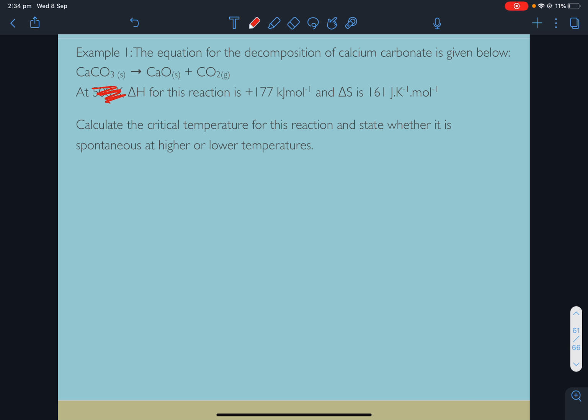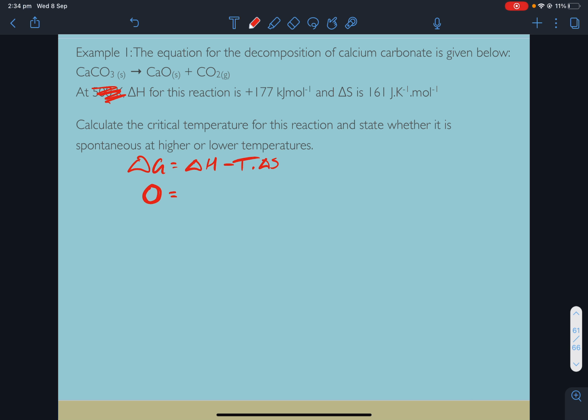So what we're going to do is pull out our Gibbs free energy, and say that the critical point is 0.